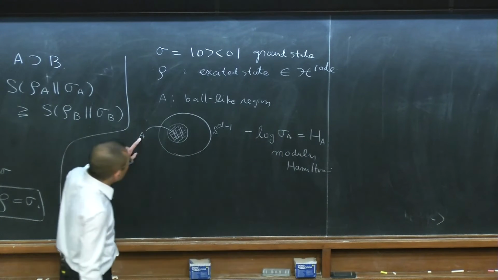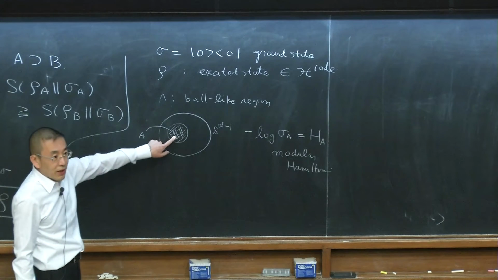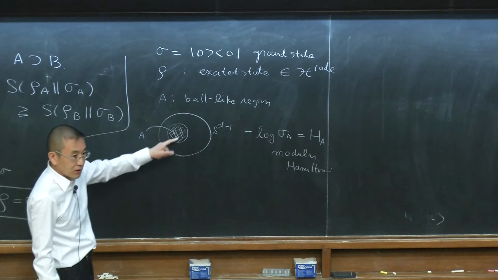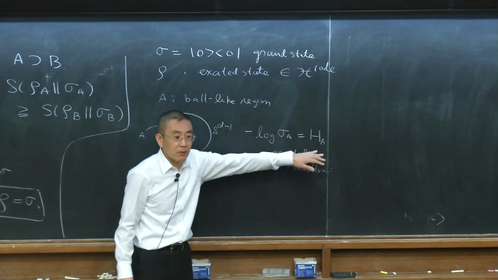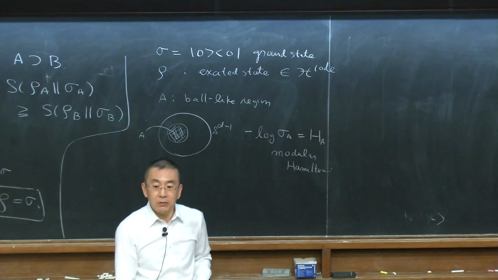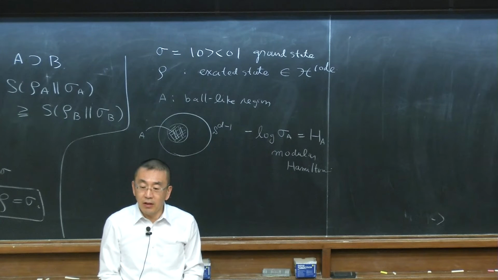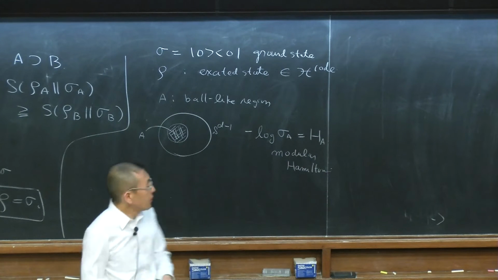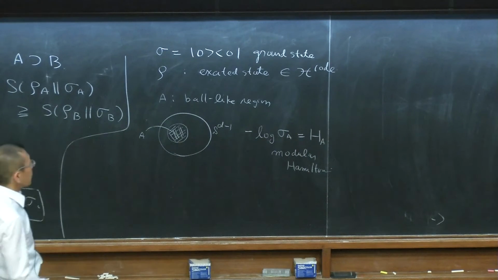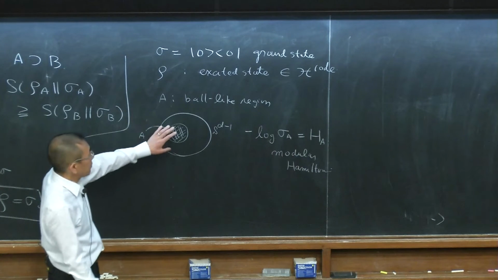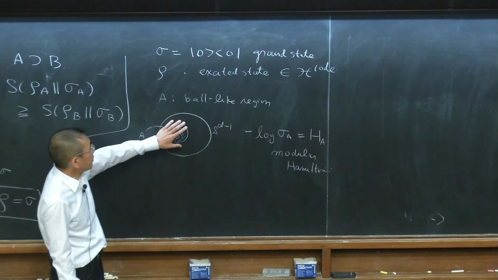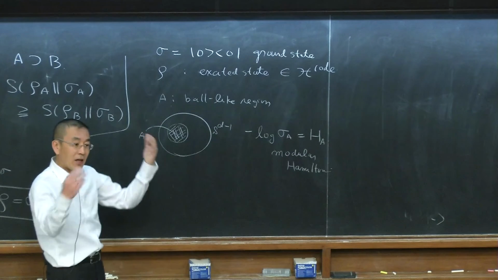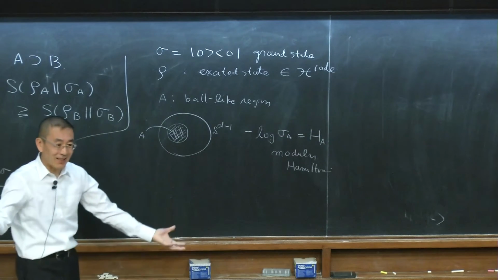And in particular, when A is ball-like, whose boundary is a D minus two dimensional sphere, then the explicit form of H_A is known. It's actually one of the conformal generators of the boundary. And the way you construct it is, by using a conformal transformation, you can always map this region into a hemisphere by rescaling it.